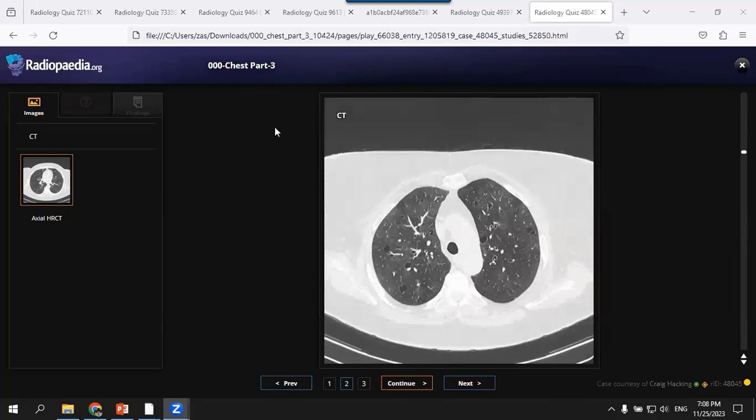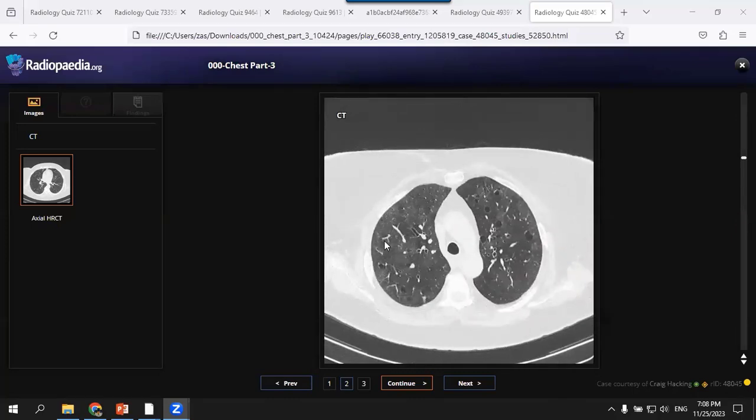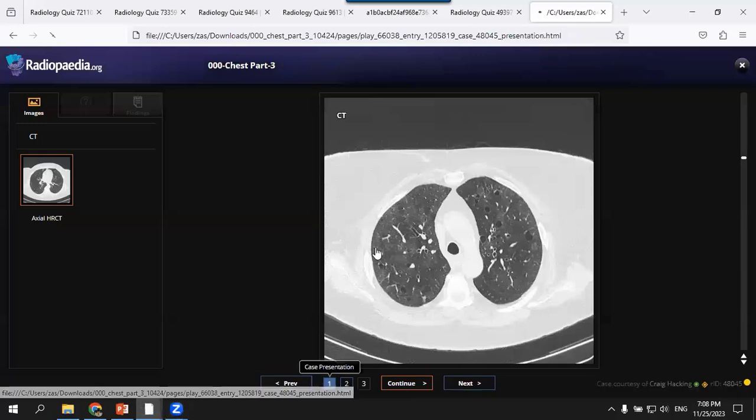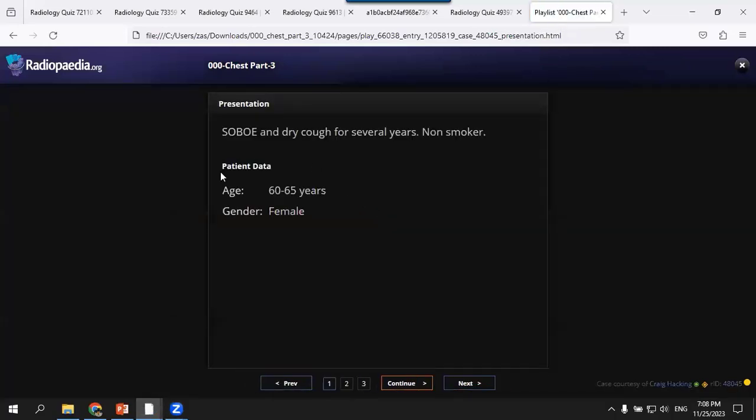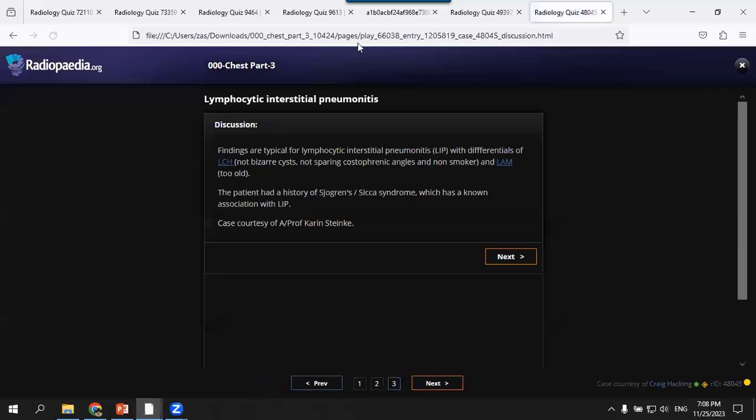Also, if it is slightly remote, I think lymphocytic interstitial pneumonia, if the patient has Sjögren complex or so, to suggest lymphocytic interstitial pneumonia, because it has a lower lobe predominance.